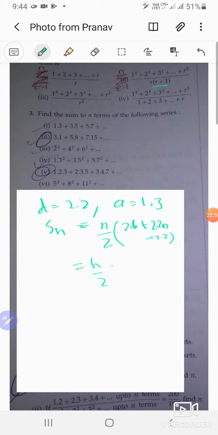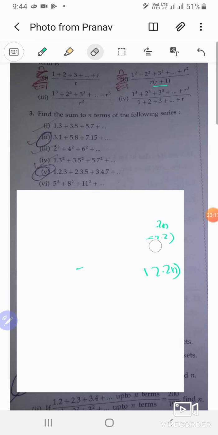It's going to be n by 2 of 0.4 plus 2.2n, which is nothing but, you got 1.1. What's this thing? It's not 11. So you got 1.1 n squared and then plus 0.2n, like that. Easy.